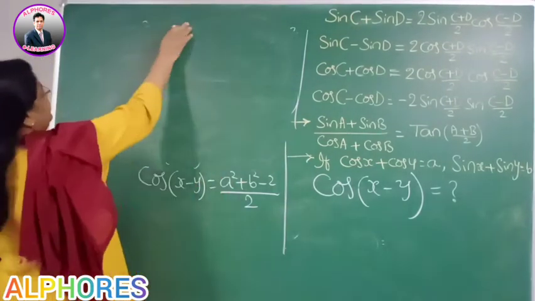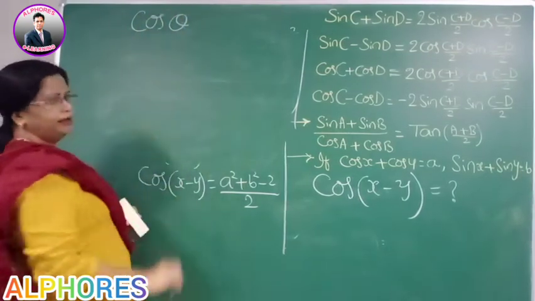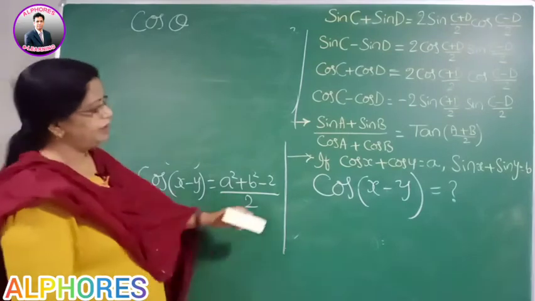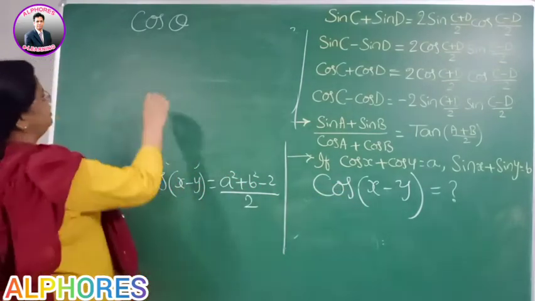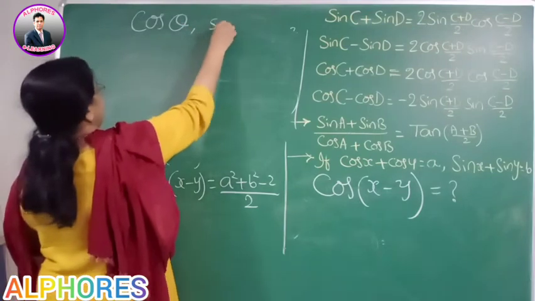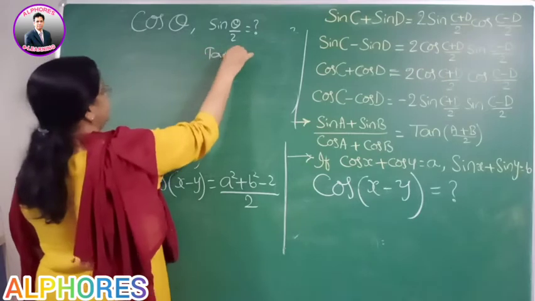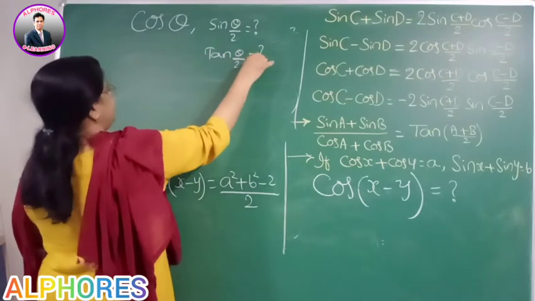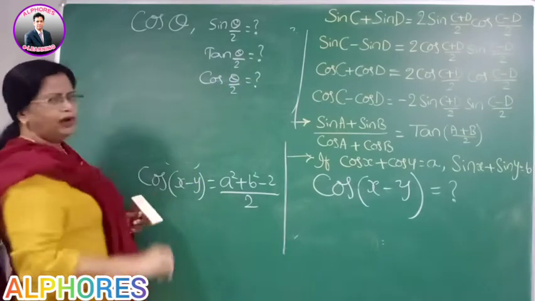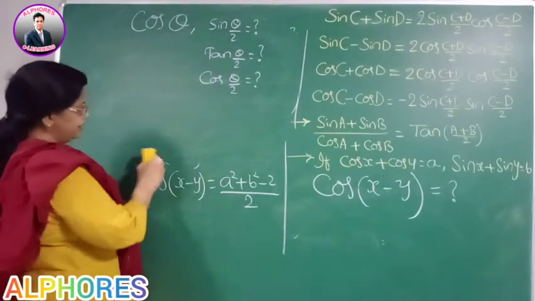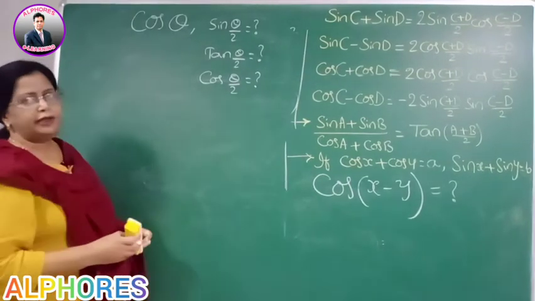Okay, now you have a formula, your known value is cos theta, right? And now you require, basing on this same angle, all the half angles. That means you require, suppose, sin theta by 2, and the next value tan theta by 2, even cos theta by 2 you may require. Okay, then how to find these values? I think again you remember the formula from multiple and submultiple angles.